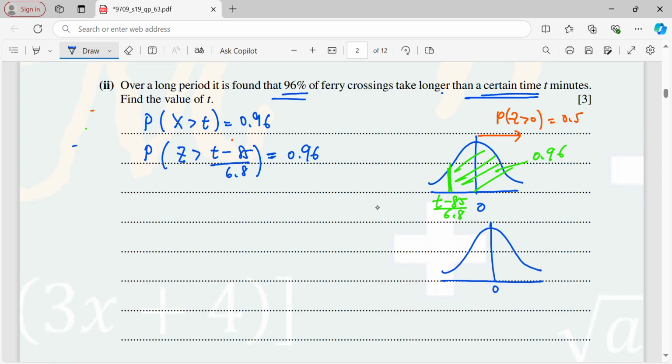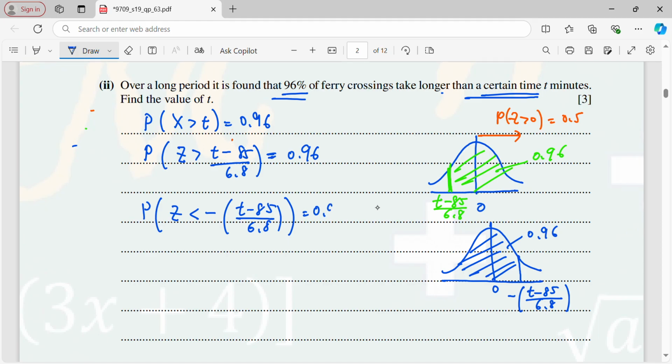Therefore, what you can do is flip it to the right side, because it is symmetrical at 0. When I flip, it becomes the negative of the value, because initially it was negative, and a negative times a negative becomes positive. Then this whole region will be 0.96. So I will write P(Z less than the negative of the existing value) is 0.96.